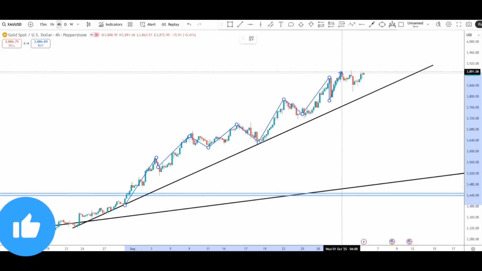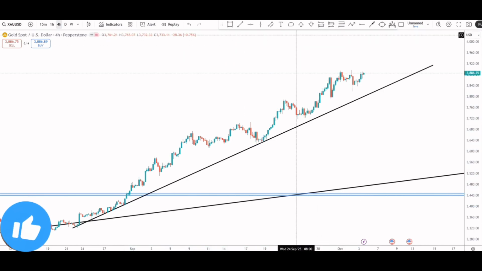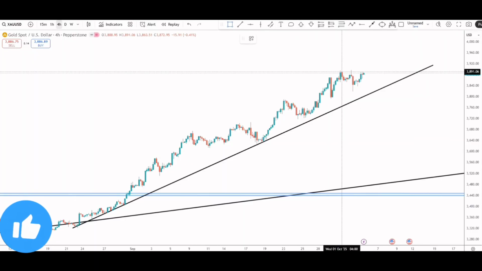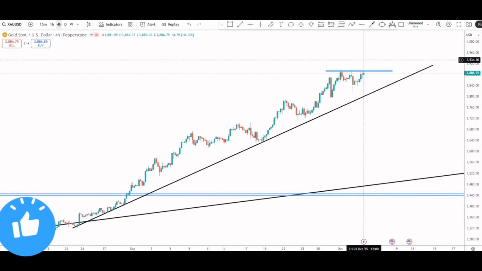Price has failed to break previous lows, continuing all the way to the top, and currently we are around the high level of gold, which is around the 38.95 area. If we go at that level, we can also plot the resistance zone where price has tested and where price seems to be heading to again, around that area.